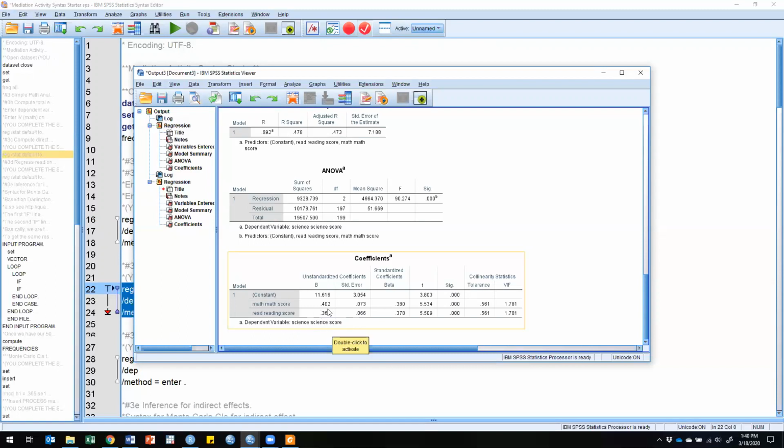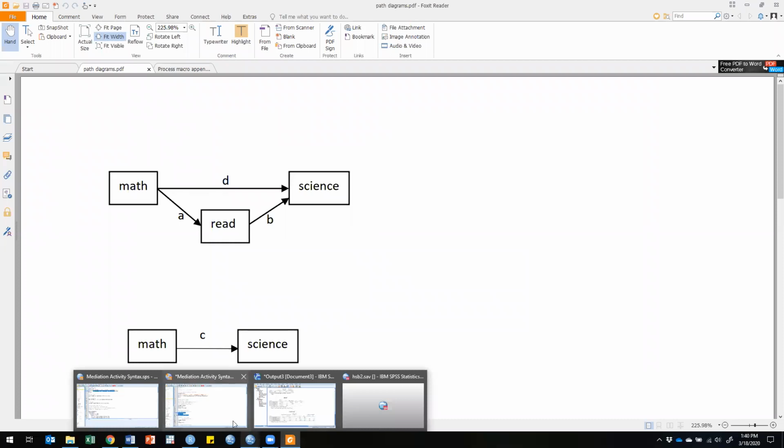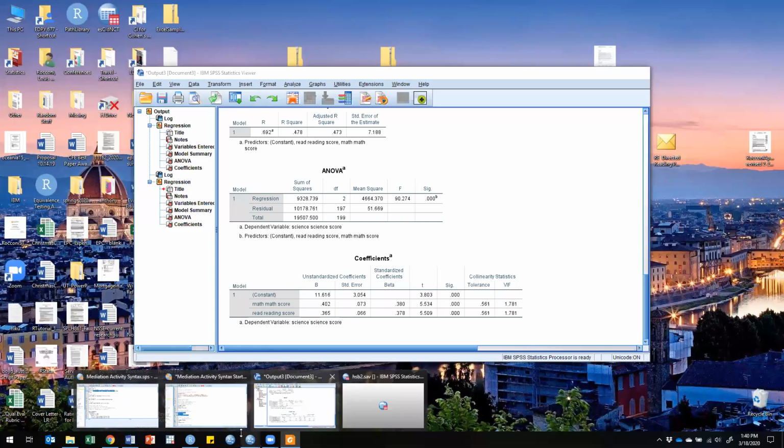This unstandardized coefficient here for reading scores is this B coefficient in this diagram. So in this model, we now have our estimate of D and our estimate of B. Since we also have our total effect, we can calculate our indirect effect by just subtracting.